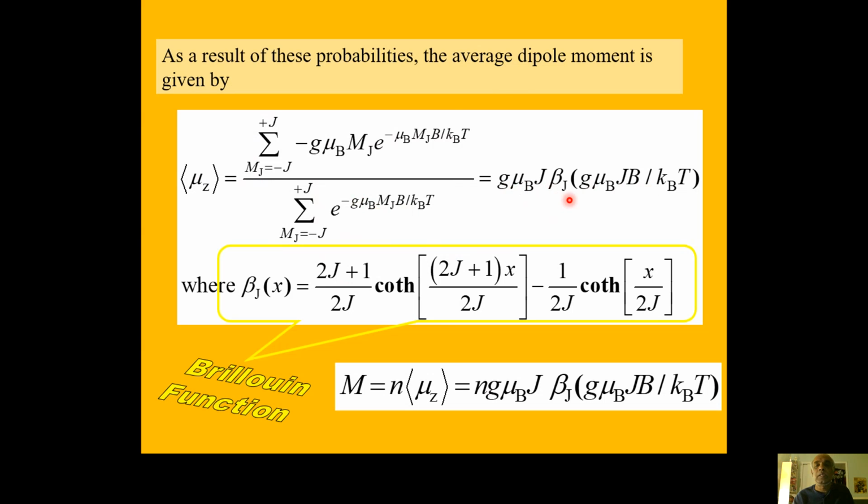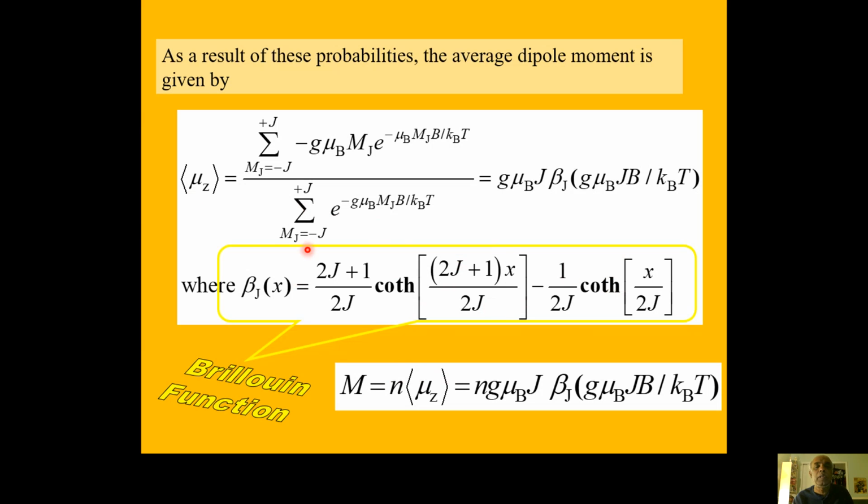So this is B_J, which has the argument of this one. This B_J is called the Brillouin function. It basically has the component of coth, and coth is basically cosh over sinh, right? I think everybody should be familiar with that one.